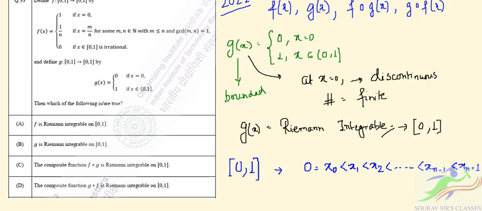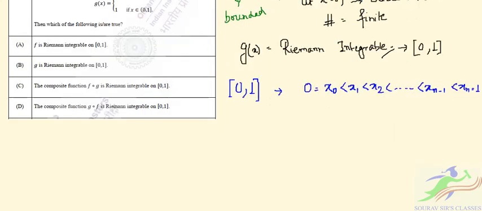Now let me check whether f(x) is Riemann integrable or not. If we consider the upper sum of f corresponding to the partition P, we can write U(P, f) as the sum for i equal to 1 to n of Mi times delta xi.